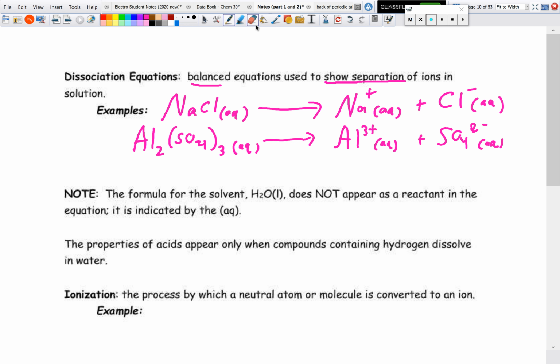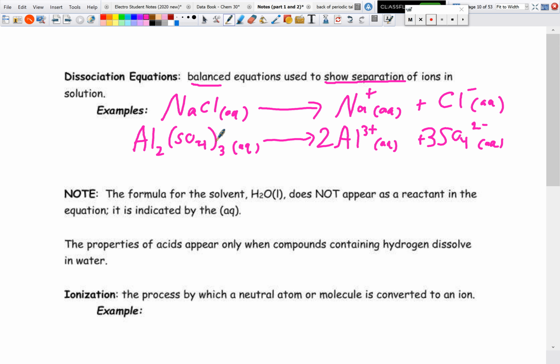One of the problems you're going to notice here is that it needs to be balanced, and right now it's not, because in our original formula we had 2 aluminum, Al2, and I only wrote 1. So I need to stick a 2 in here, and we had 3 sulfates, so it looks like that. And now it's balanced, so we have all of our masses balanced.